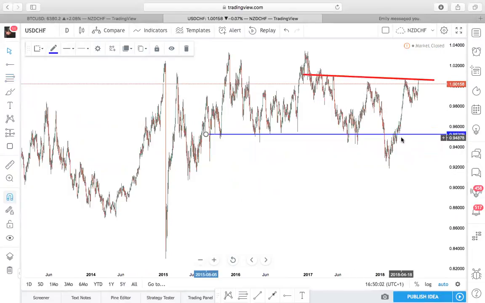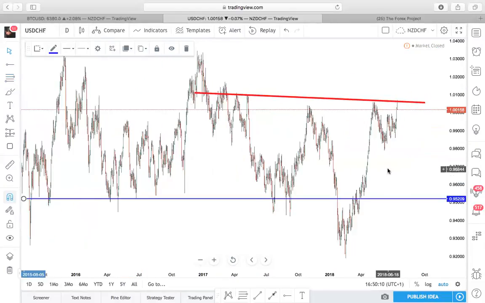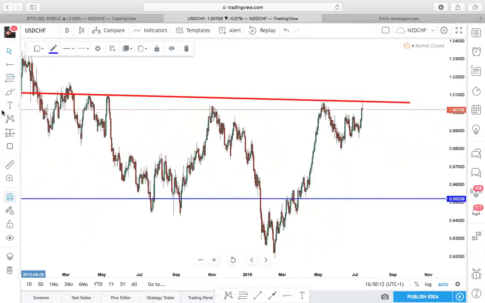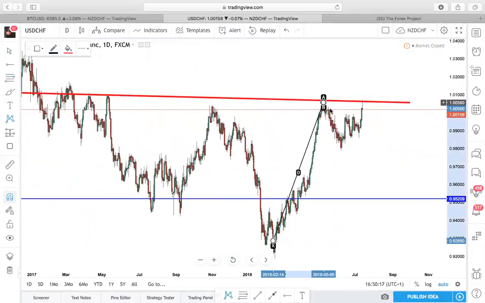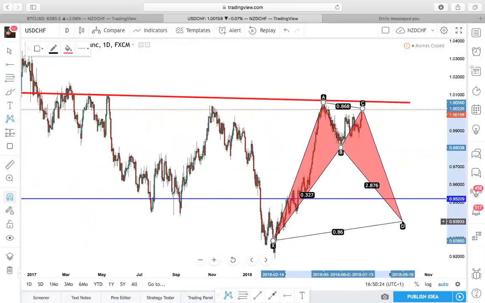Lower high, lower low, higher high, higher low. So that gives me this level here pretty confidently. So what I think I would do is check this harmonic from there, which this one is going to work.